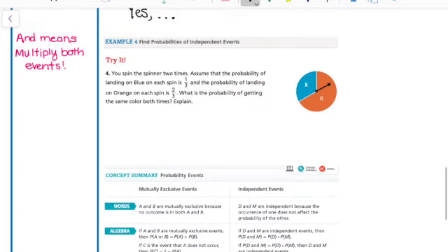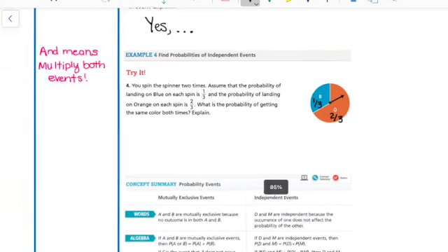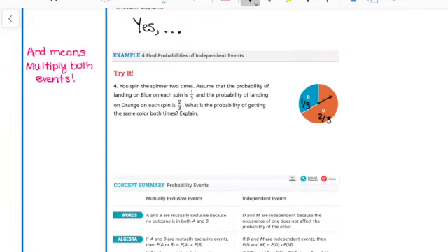And our last example here, what does that look like? Let's say we spin a spinner 2 times. We're going to say that the blue is 1/3 of the board and the red is 2/3 of the board. Okay? Oh, it's orange. My bad. It kind of looks red to me. What is the probability of getting the same color both times? And you want to explain. All right, so we could have the possibility of orange and orange, right?